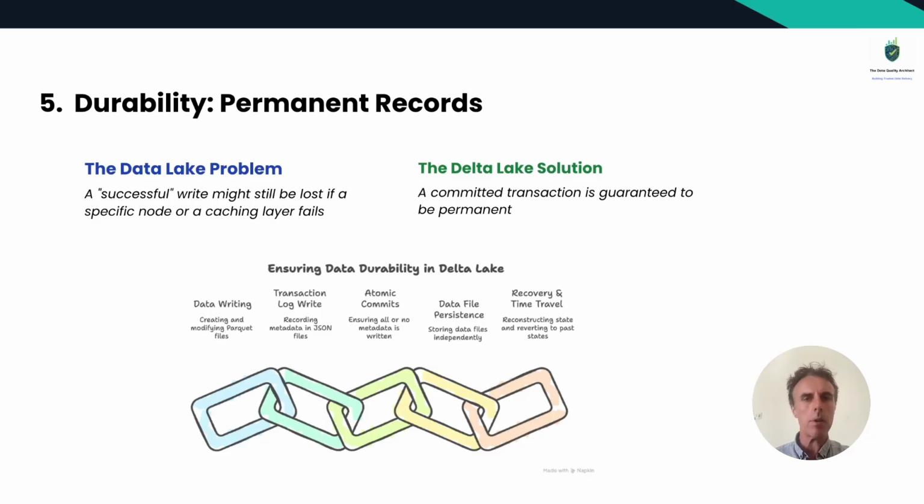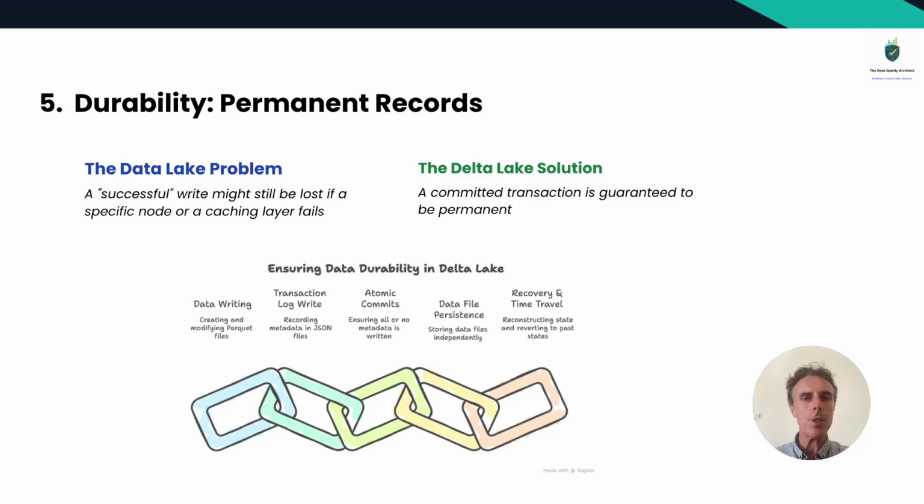So let's go through the steps and see how this materializes. Firstly, let's give the example of data writing. A write operation begins, like a merge or insert, creating new Parquet data files and potentially modifying existing ones. Then we have a transaction log write.